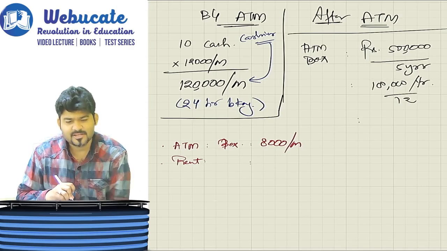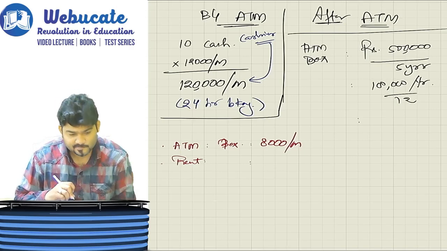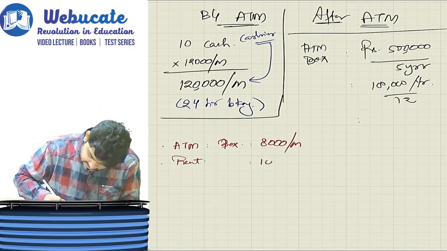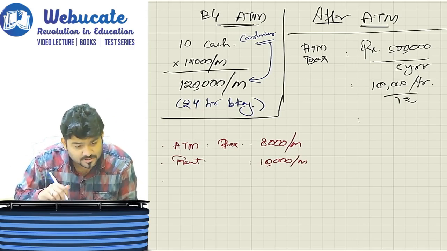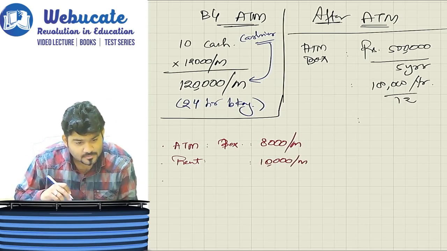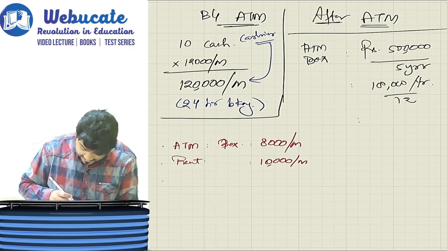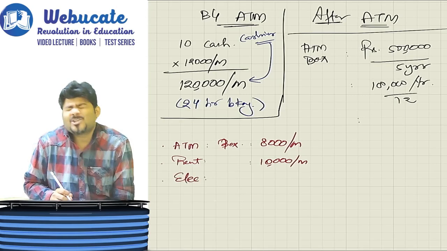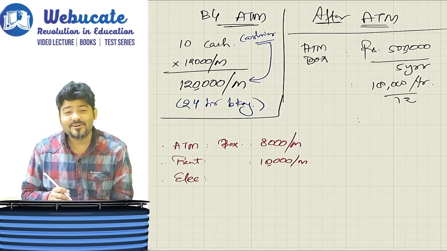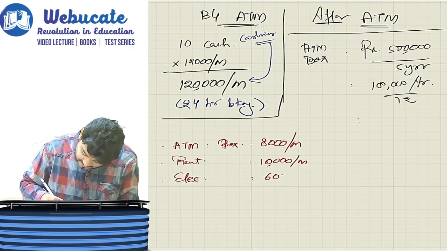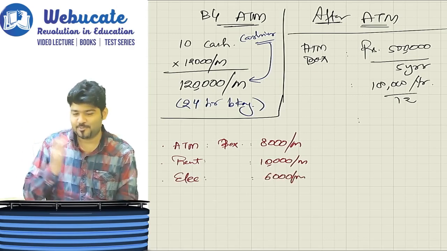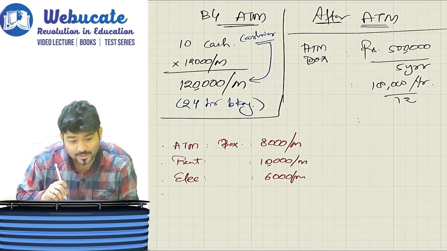Tell me, what is going to be the rent? So let's assume 10,000 per month is the rent. Okay, next, what are the other costs that you can think of? Electricity. Oh yes, so much of AC is on whenever you go to the ATM. So say 6,000 per month maximum for that small area. Okay. Then what else?